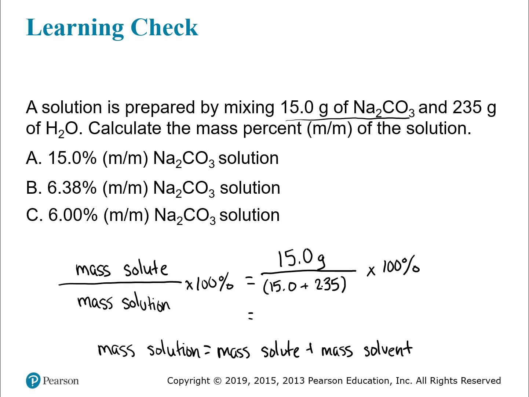Before you do the 100%, make sure that you do this addition in the bottom first so that you get the right number of sig figs. So it should be C. Questions about that?